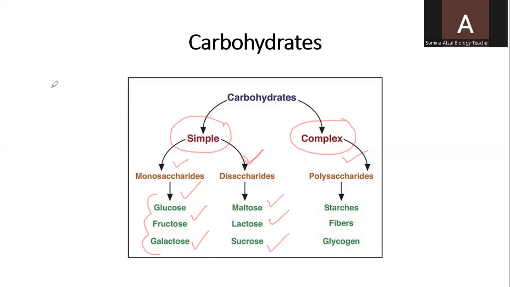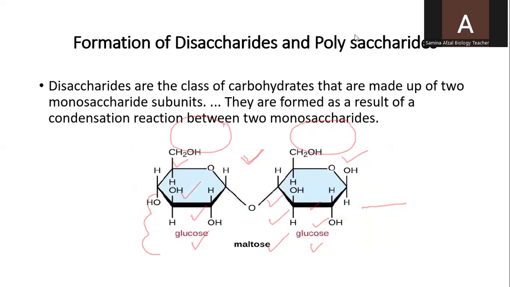And in polysaccharides, many monomers are joined together. The examples are starch, cellulose fibers, and glycogen. These are the three different types of polysaccharides which we will discuss today. Now I am going to open the next slide.